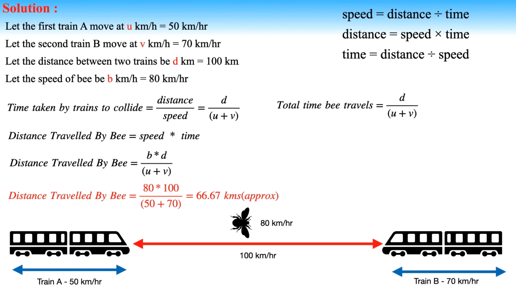Substituting the values of b, d, u and v, the equation becomes 80 times 100 divided by (50 plus 70). After solving, it results in approximately 66.67 kilometers. Thus the total distance traveled by the bee is 66.67 kilometers.